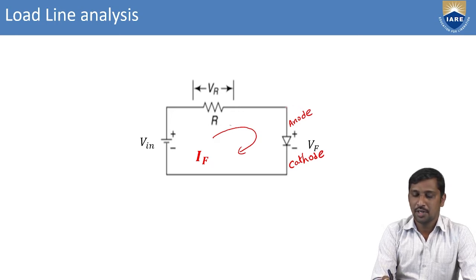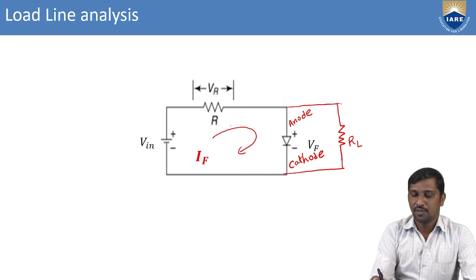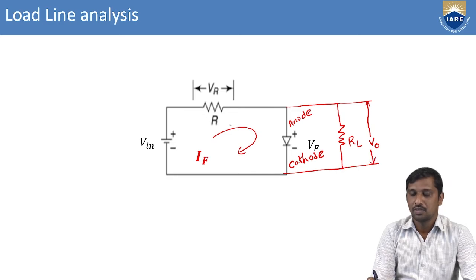Then we are going to observe the output voltage across the load resistance here. Hence, I am going to place a load resistance across the diode, and from this load resistance we are going to calculate the output voltage.